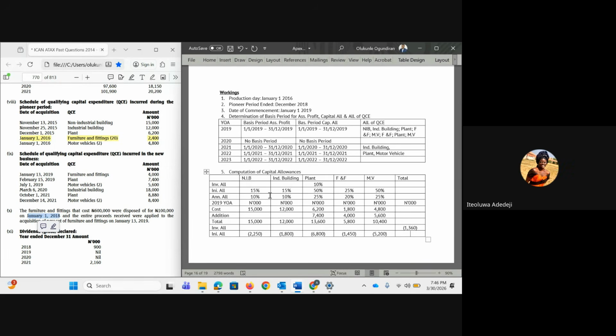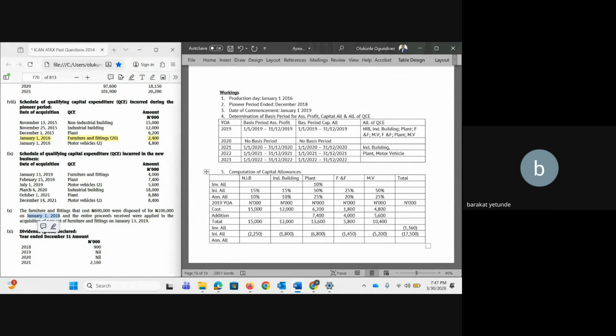Total, help me. Let's be fast. 17.5. Then annual allowance.